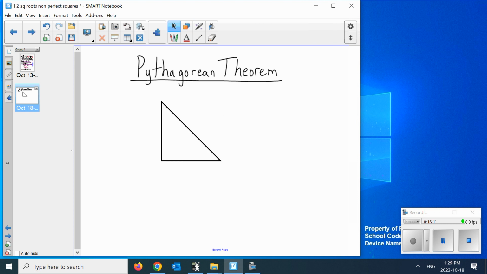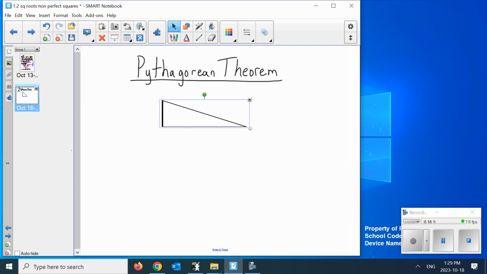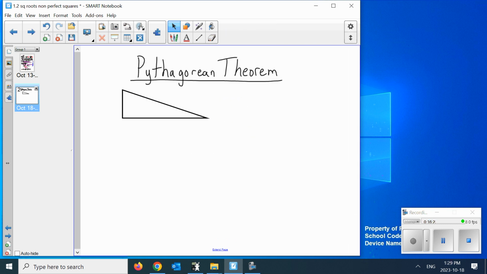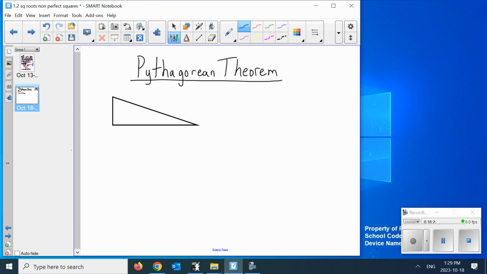Make it a little like that. It has to be a right triangle. You can't just do this with any old triangle.